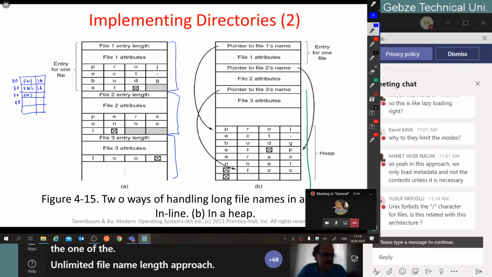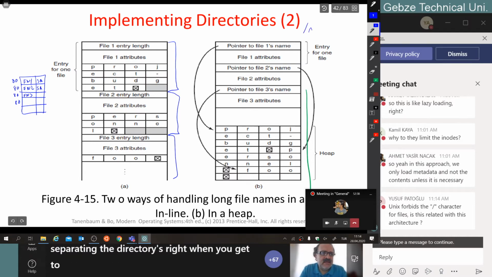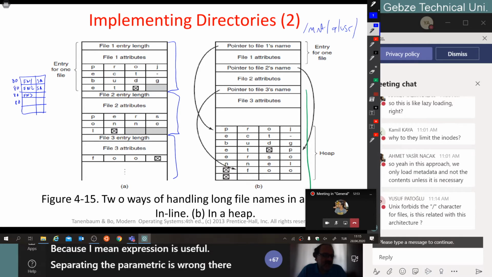Yusuf says that Unix forbids the slash character for files. Is this related with this architecture? No, because slash is used for separating the directories, right? When you get the full path name, you would say mount, a user. So slash has a meaning. Slash is used for separating the parent directories from the child directories.